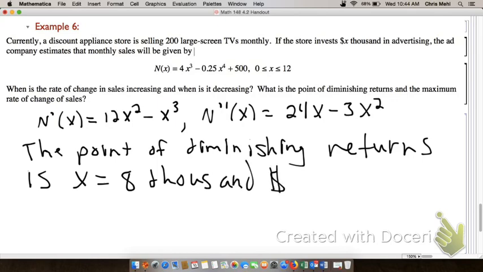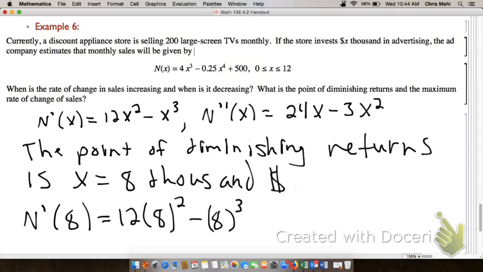Okay, so that's the point where, again, the rate of change changes from increasing to decreasing, and that also ends up being the place where the rate of change has a maximum value. Right? If the rate of change changes from positive to negative, n prime of 8, which is 12 times 8 squared minus 8 cubed, this is going to equal, let's see.